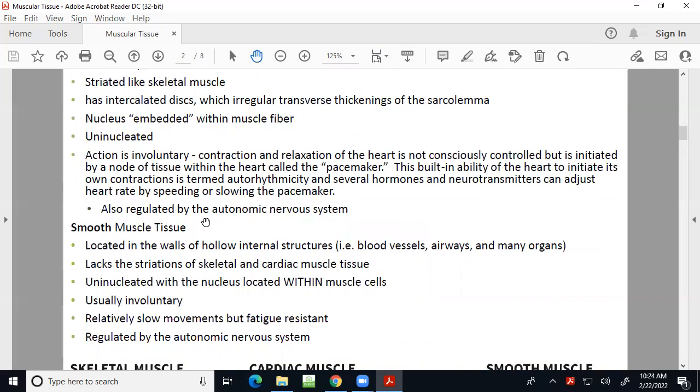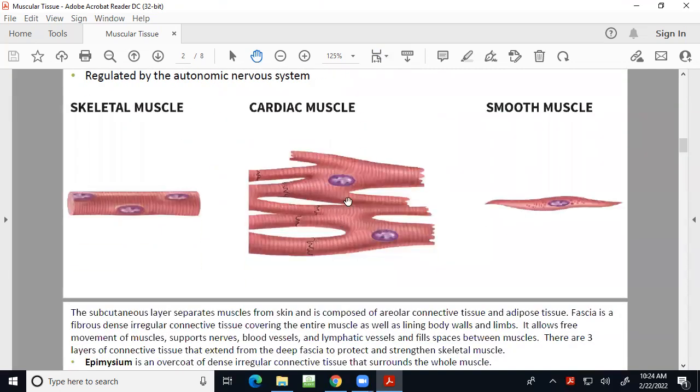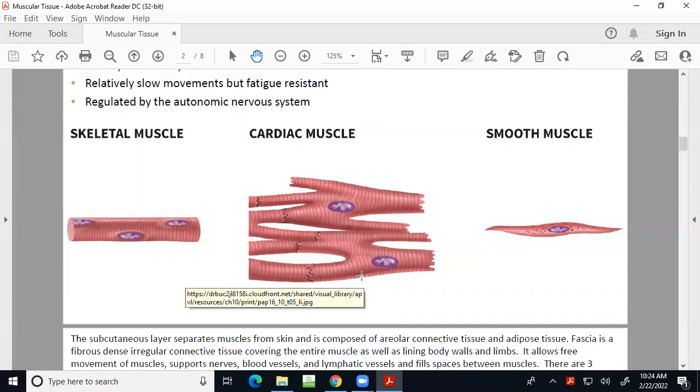Cardiac muscle, and the same thing for smooth muscle, is uninucleated, so it's like most of the cells of the body where there's just one cell and one nucleus. Unlike skeletal muscle, which is more like a tube-like structure, cardiac muscle is branched, and you can see those branches pretty nicely with the couple of cells pictured here at the bottom.